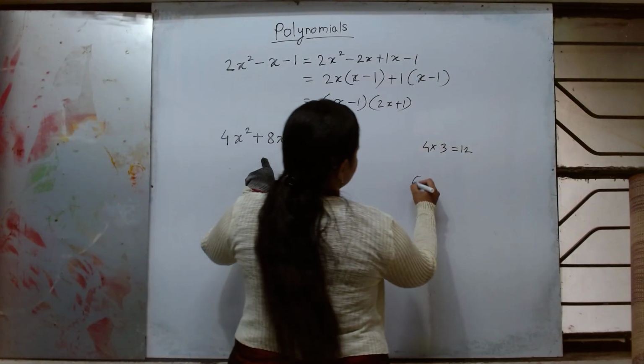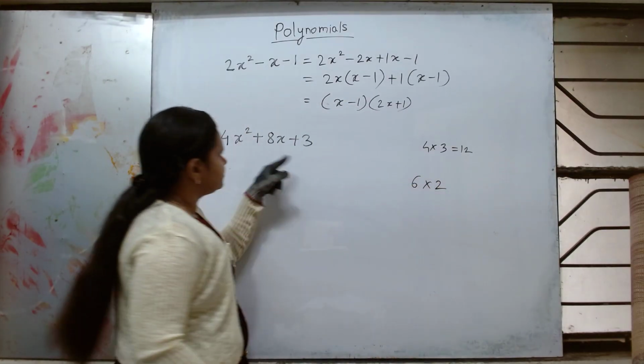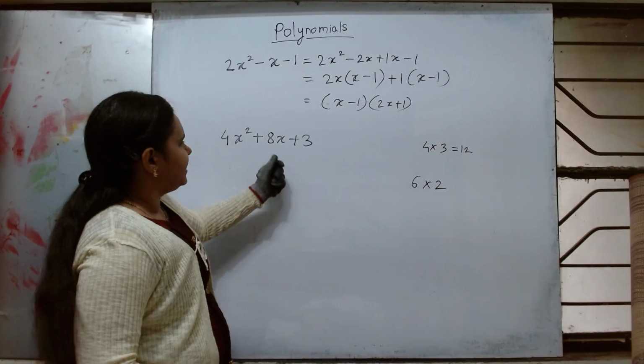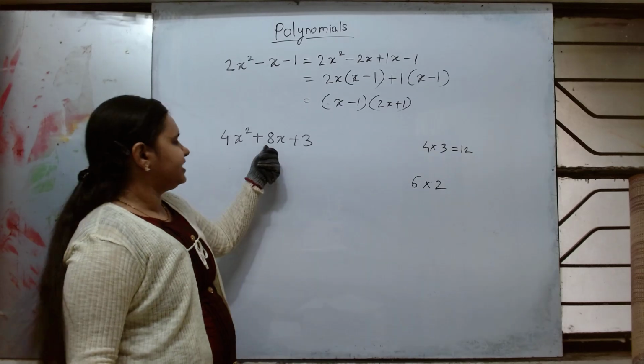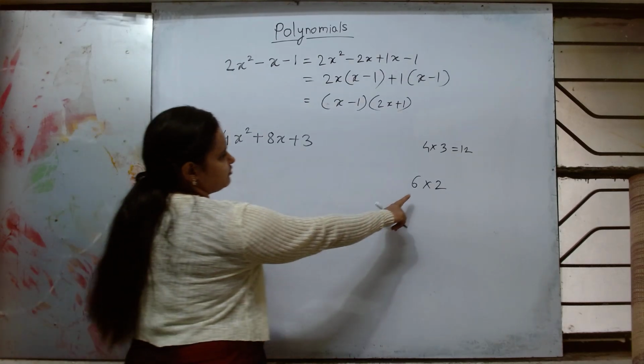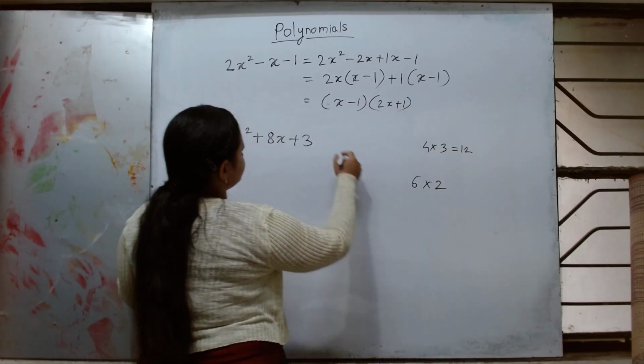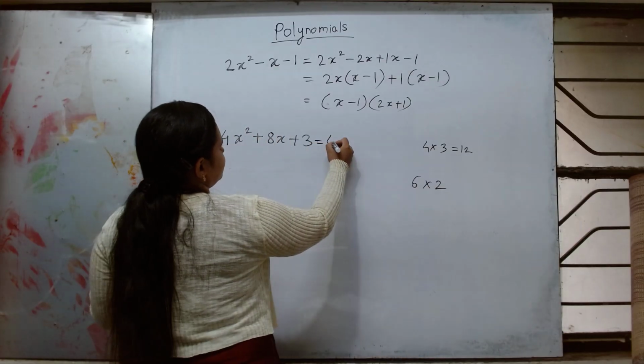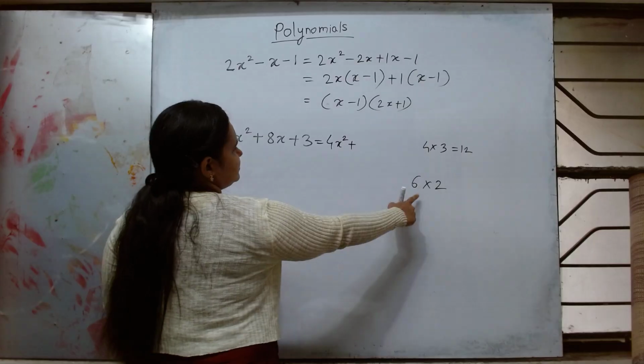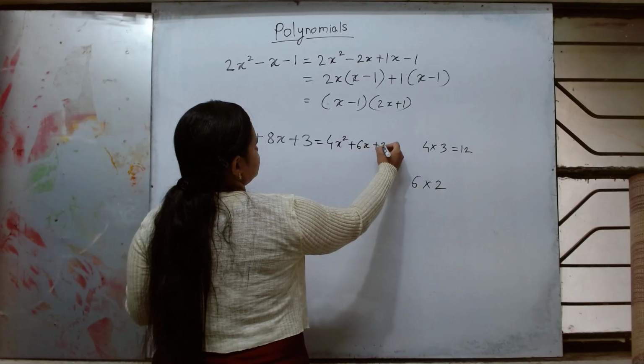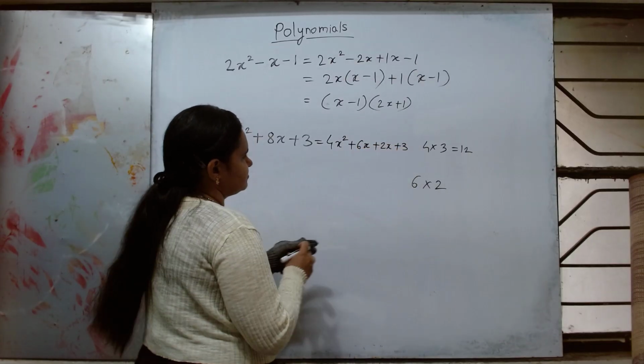If we take 6 and 2, 6 into 2 is 12, and the sum of 6 and 2 is 8x. So the two numbers are 6 and 2. So it will be 4x square plus 6x plus 2x plus 3.